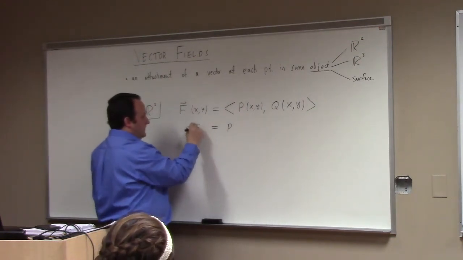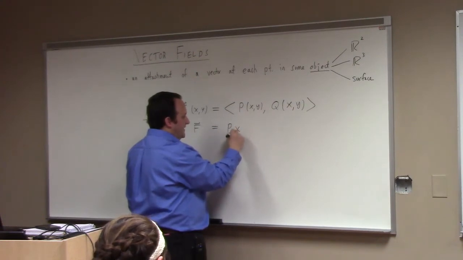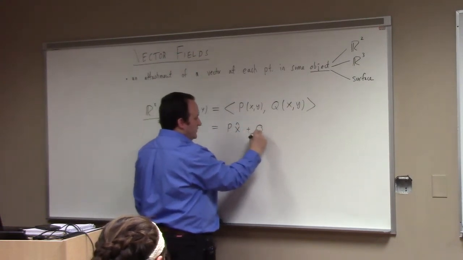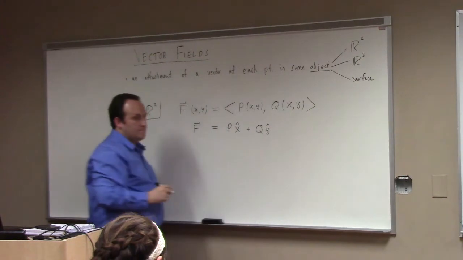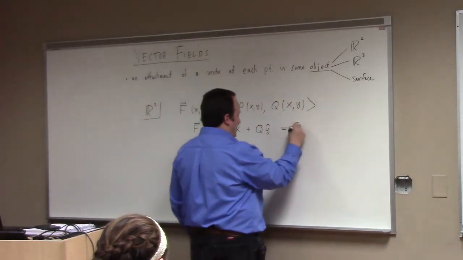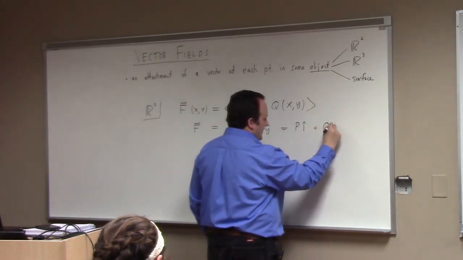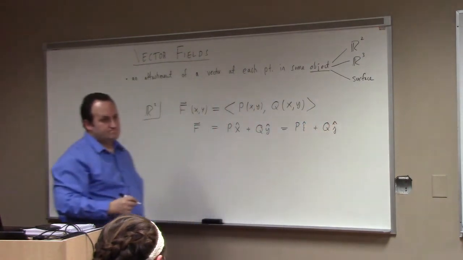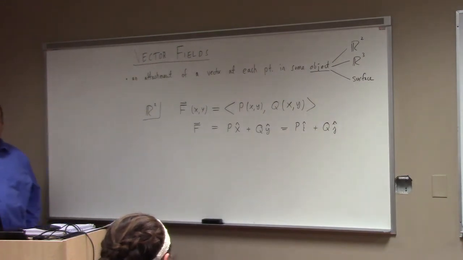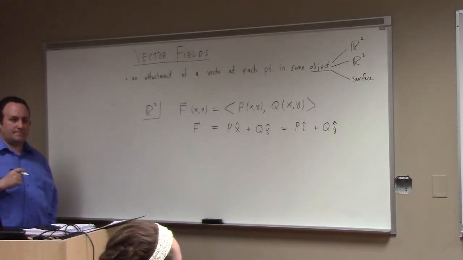They just say f is equal to p. Here's what I would write: p x hat plus q y hat. The standard textbooks tend to use the i, j notation, like p i hat plus q j hat. But you have to understand that that vector is attached to the point x comma y, right?